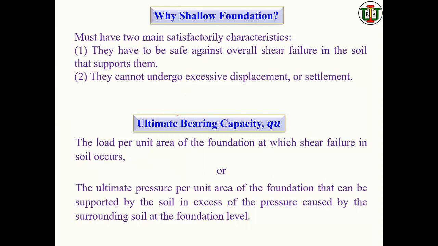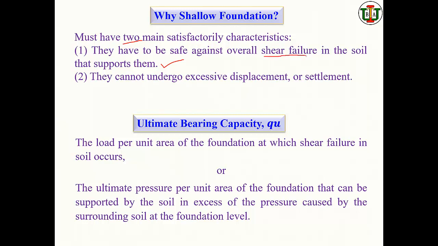First of all, there are two main conditions we need to satisfy. One is that they have to be safe against overall shear failure in the soil that supports them. Normally they have to keep the structure safe, and the foundation needs to be safe so that shear failure does not occur.